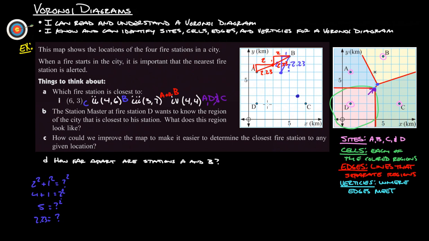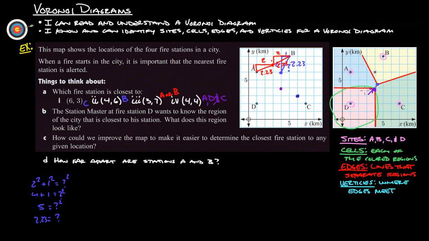We could have graphed it 4, 4 here, but then we'd have to calculate all these distances, but this Voronoi diagram helps us figure that out. Part B, the station master at fire station D wants to know the region of the city that is closest to his station. What does this region look like?